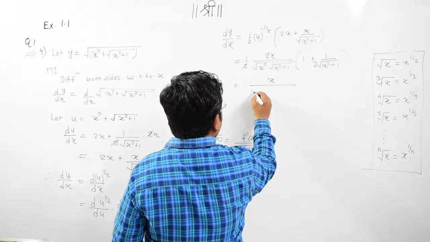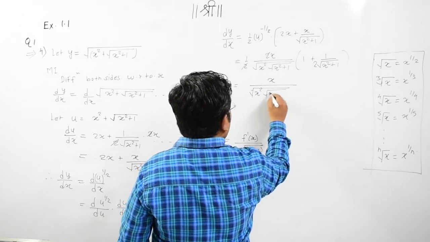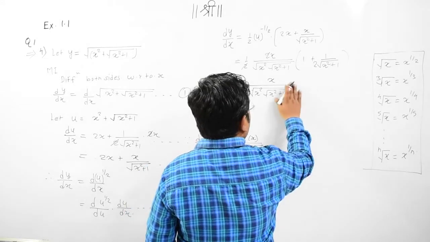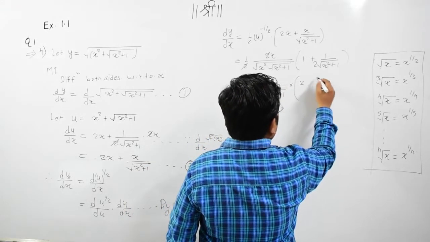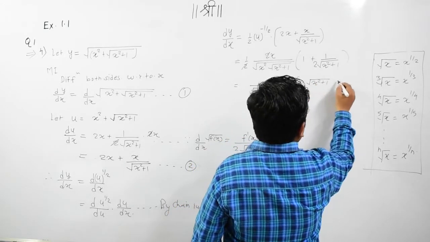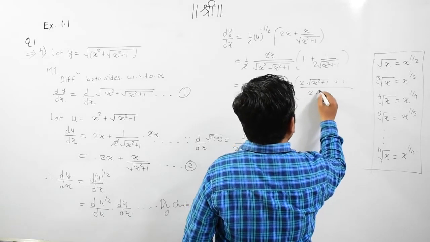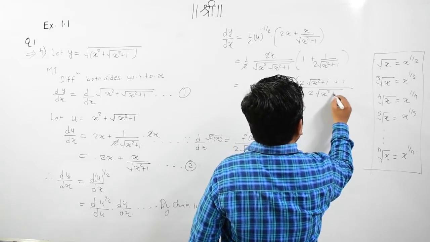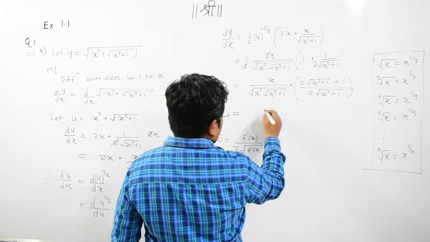X into under root of x square plus 1, okay, into what will happen, 2 under root of x square plus 1 divided by how much? 2 under root of x square plus 1. Again simplify this quantity. What is that?